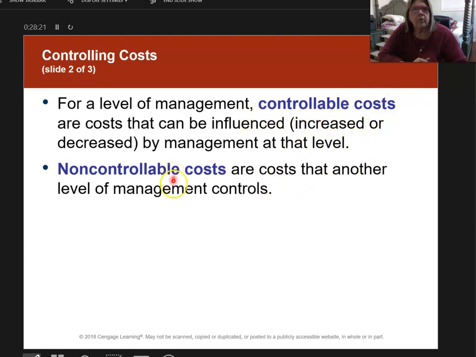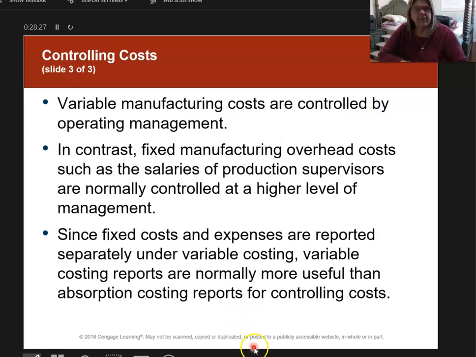The non-controllable ones are the ones incurred above your department usually. That's a mouthful. This talks a little bit about variable manufacturing costs and how they're controlled by management. I'm not going to read all this because I want you to read it. And we're going to move on to pricing my products.